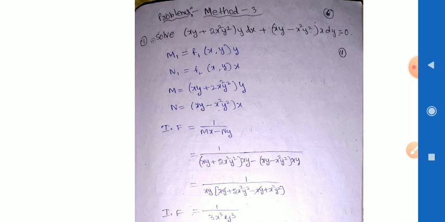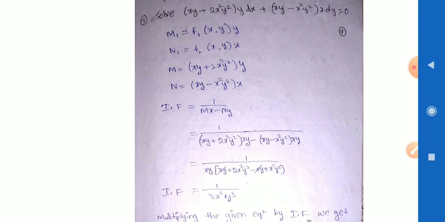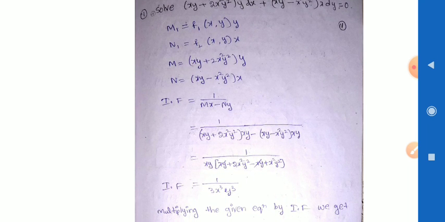For this differential equation we have an integrating factor. The integrating factor is equal to 1 by (mx minus ny). Here the m value is multiplied by x and the n value is multiplied by y, we get 1 by [(xy plus 2x square y square) into x minus (xy minus x square y square) into y].